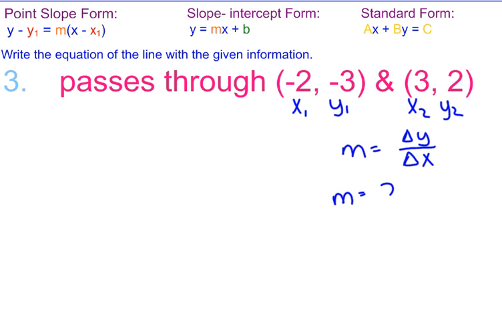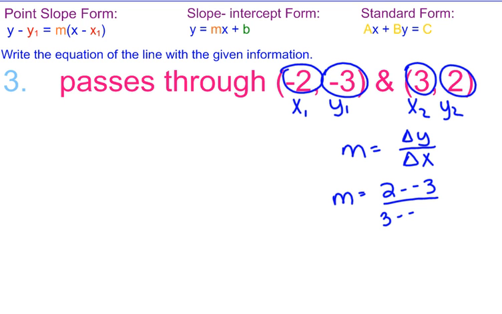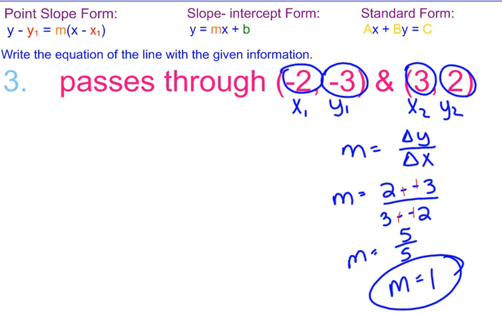I would take 2 minus -3, so y2 minus y1, over x2 minus x1, so 3 minus -2. When I look at my boom booms here, I end up with 5 over 5, so I get a slope of 1. So now I found the slope.